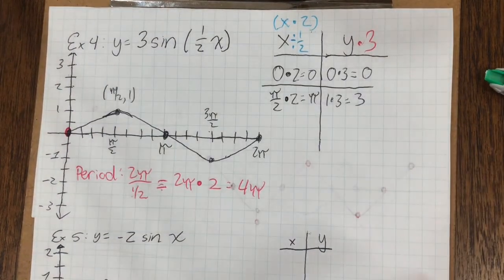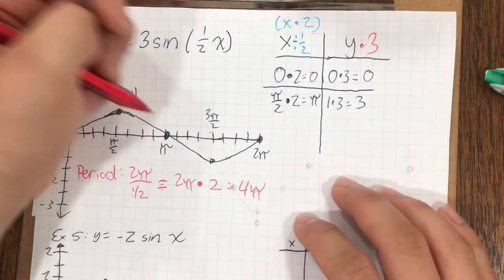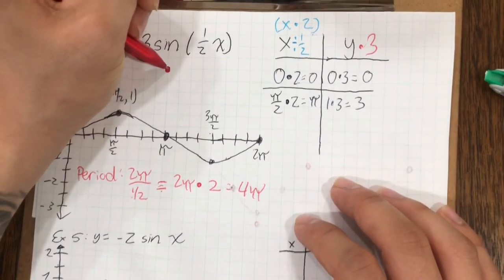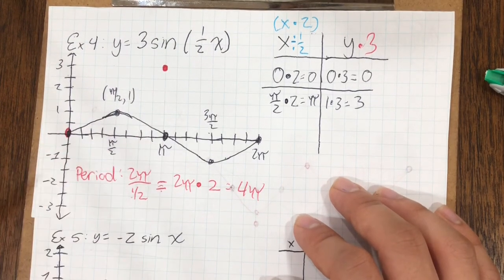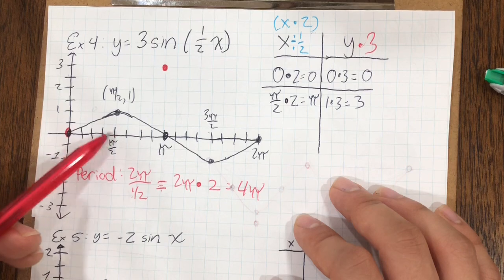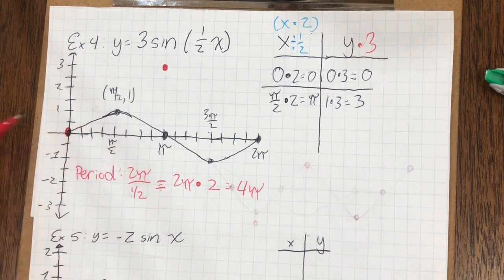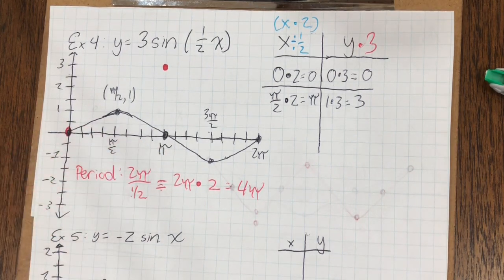So now my new point is pi, 3. So for the new graph, we went from 0 all the way to pi, and we basically skipped most of the radians in between those two.